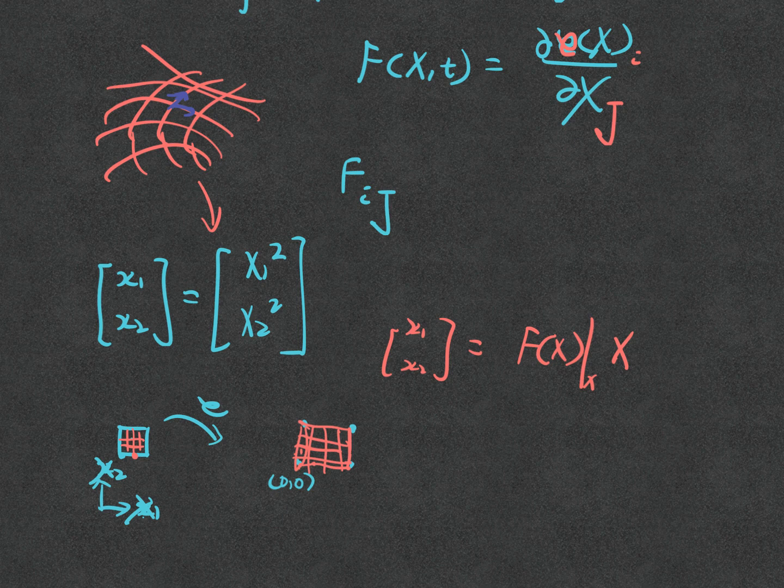So what would be the deformation gradient in this case? That would be just 2x1 and 2x2 on the diagonal, and 0 0 off the diagonal, right? Does that make sense?